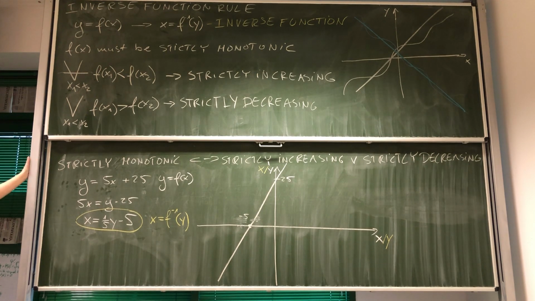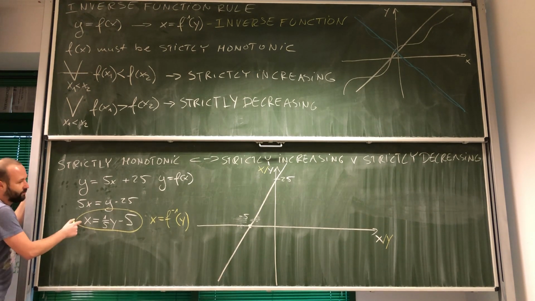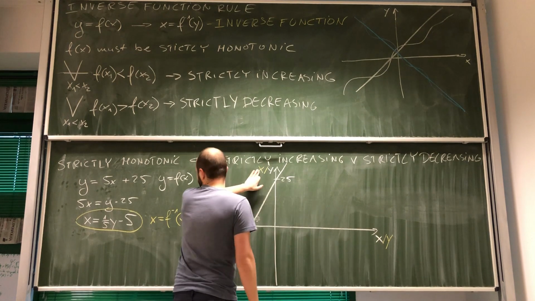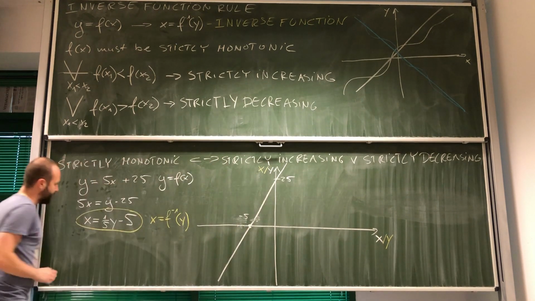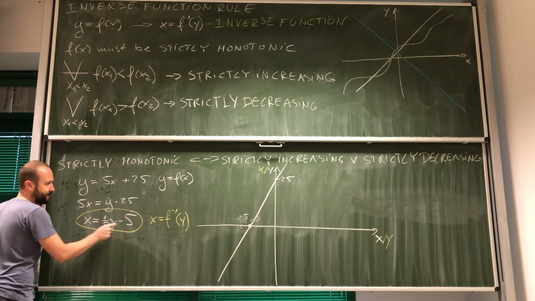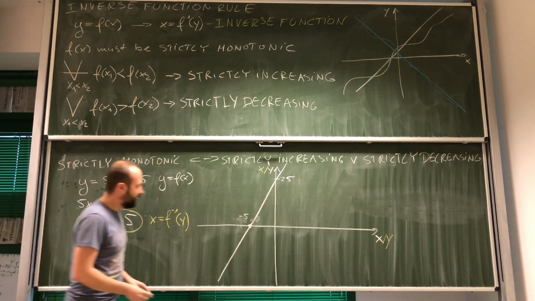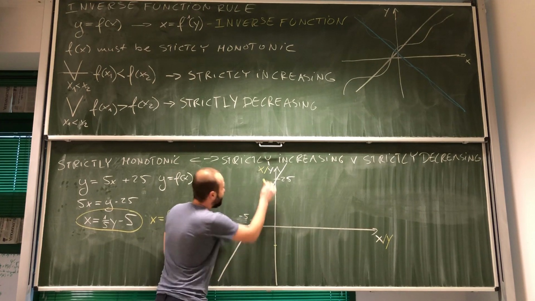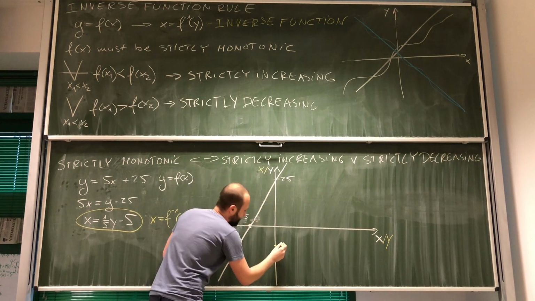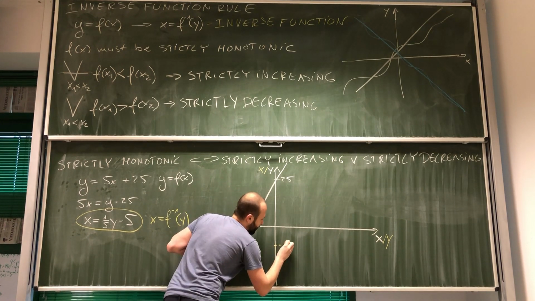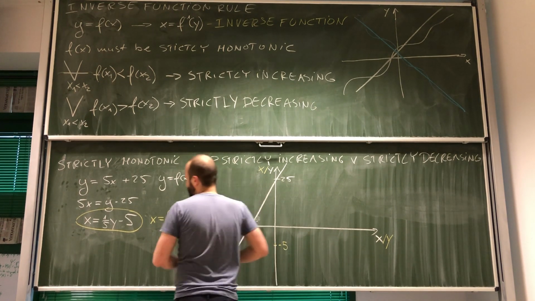So, what do we get in this context? Remember, y is over here, x is over here. So, first, if y is 0, x is negative 5. Okay, so here is our new x-axis. So we will have negative 5 somewhere over here.